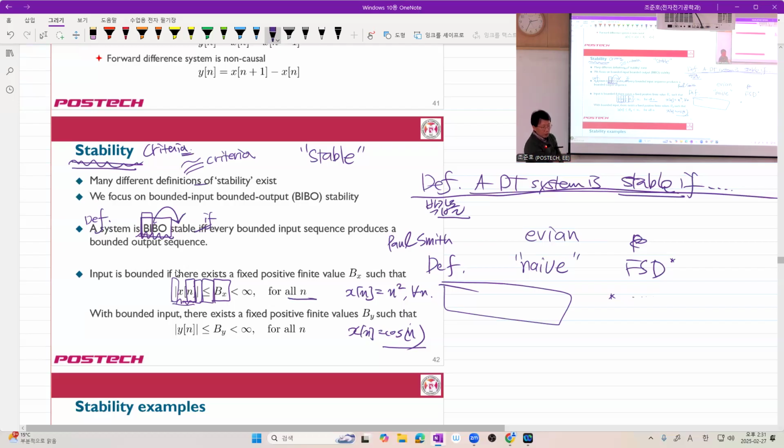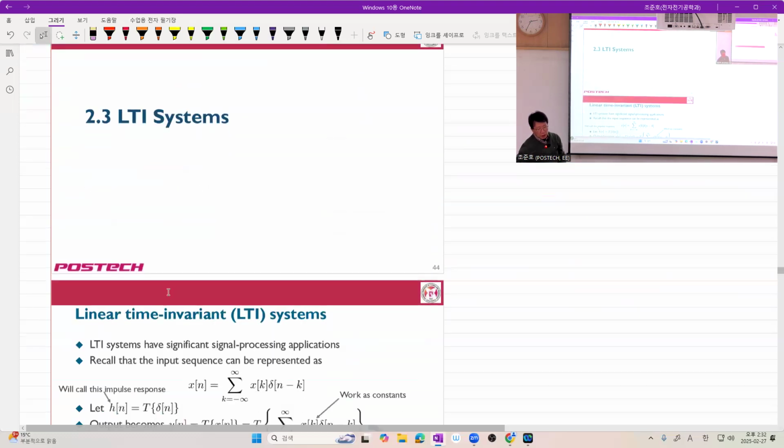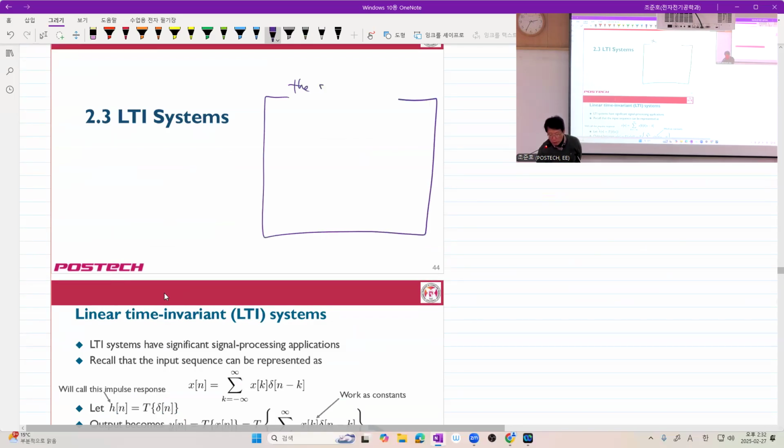This means it's time invariant. This means that the system is BIBO stable, something like that. So here goes simple stable systems, the squaring system, and also the accumulator. Now, we combine three notions. So suppose this is the set of all DT systems.